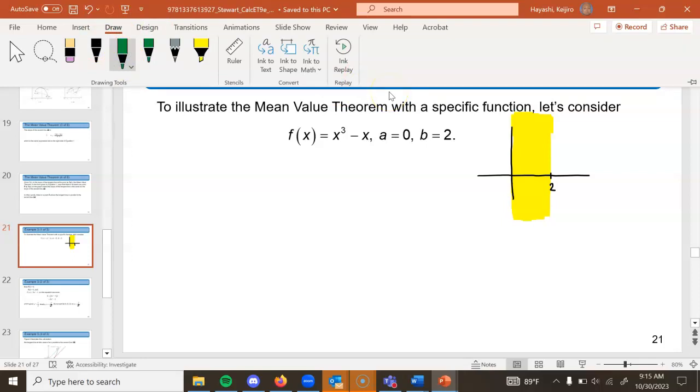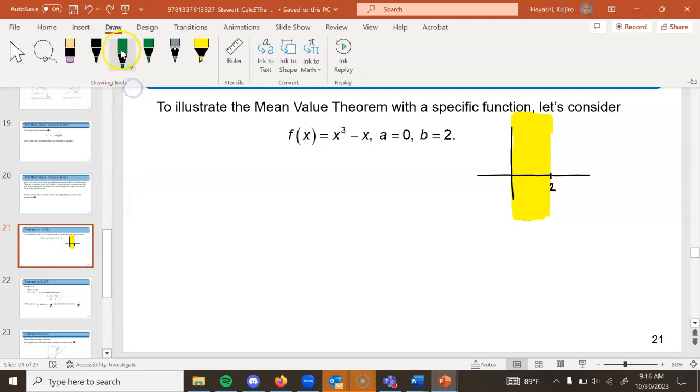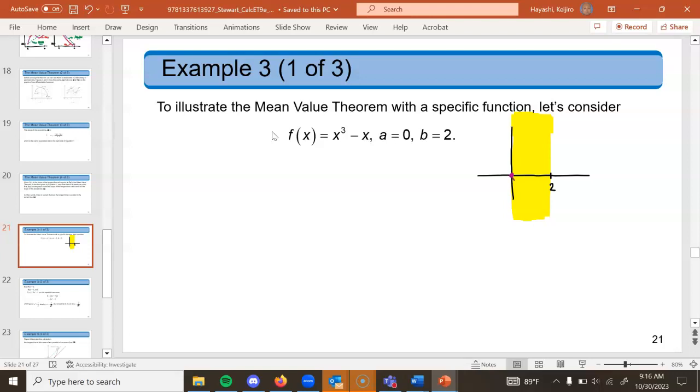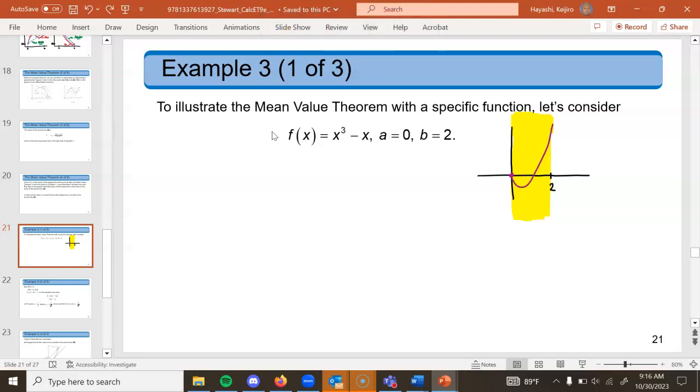And if we graph this function, let's see, 0 will be 0, 1 will be 0. That's probably what happens. Okay, so the graph is shaped something like this. And it does the same thing on the other side because it's an odd function.